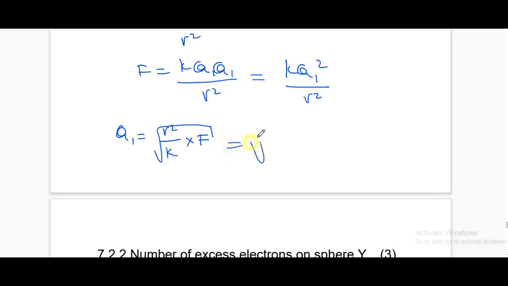Now, how much is r? It is 500 millimeters, in meters, divided by k, 9 times 10 to the power 9, multiplied by F, 0.288.